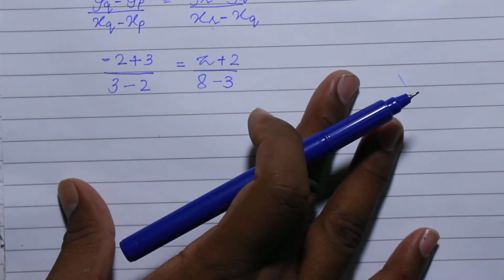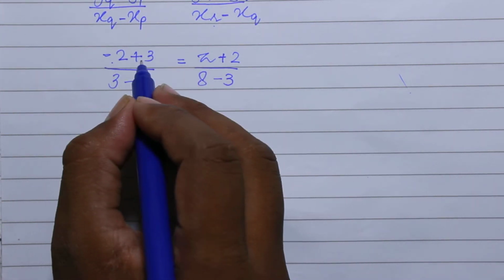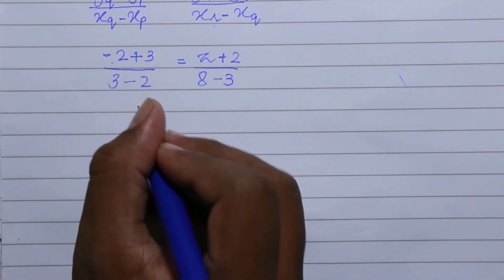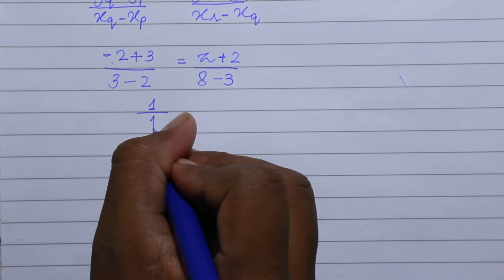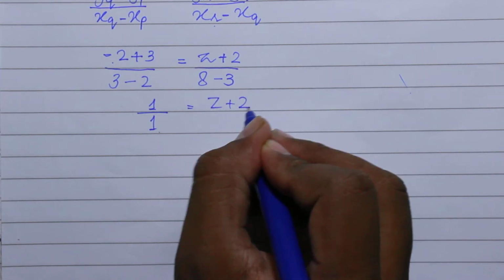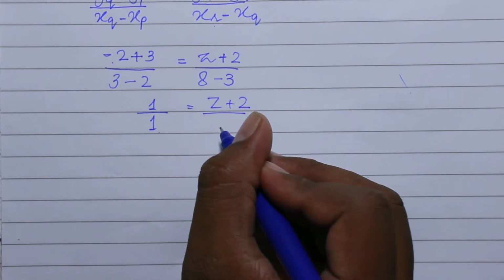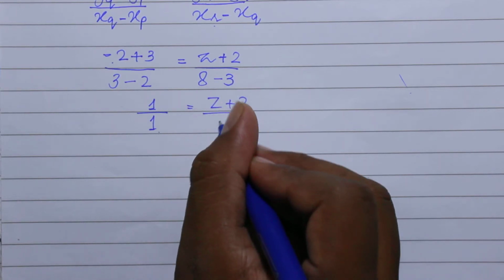Now 2 minus 3, or I can say 3 minus 2, gives you only 1. Now this is Z plus 2, and 8 minus 3 gives you 5.